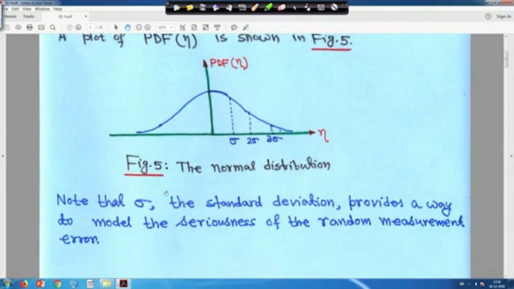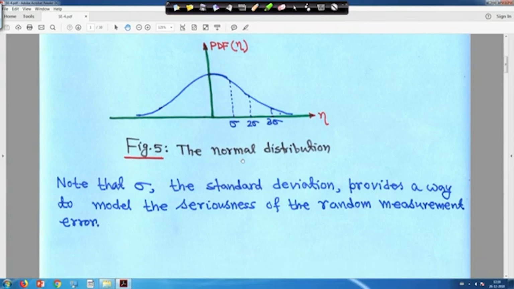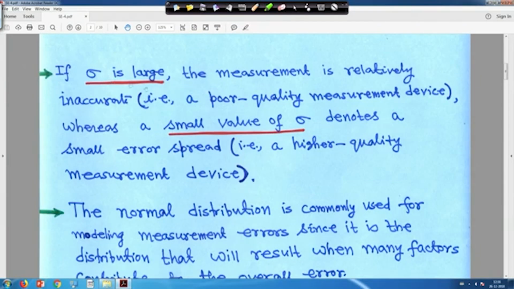And note that sigma, the standard deviation, provides a way to model the seriousness of the random measurement error, right. So, if sigma is large, the measurement is relatively inaccurate, that is a poor quality measurement device, because the standard deviation is large, that means the device is not giving you the best measurement.